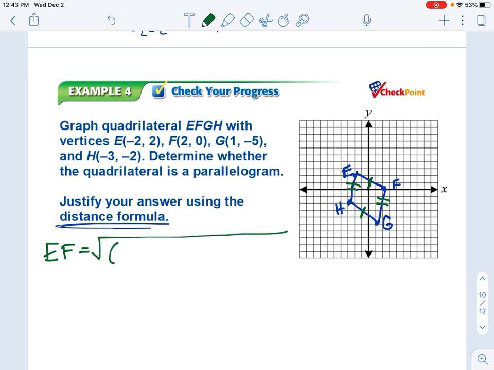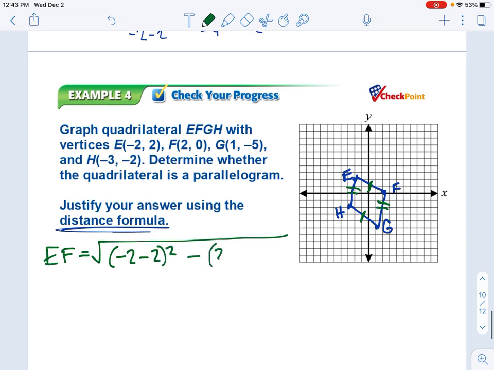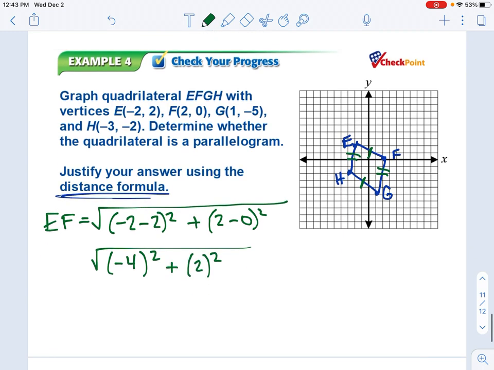It does take a little bit of work here, but you got it. Okay, so we have the square root of 20 here, which is approximately equal to 4.47. Okay?